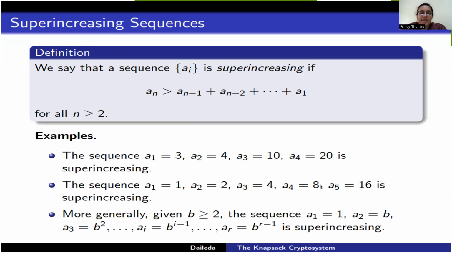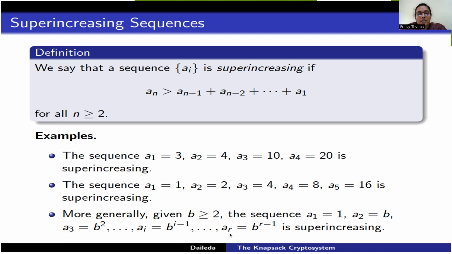Now, if we write this in general, given that B is greater than or equal to 2, then A1 can be equal to 1, A2 is equal to B, A3 will be B raised to 2, and A_i will be equal to B raised to i minus 1.